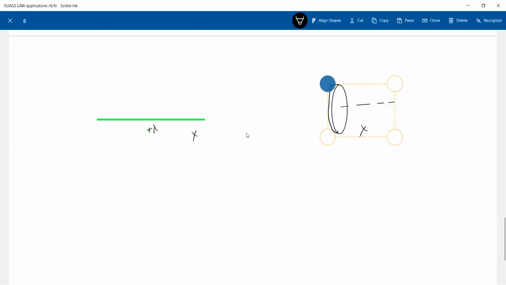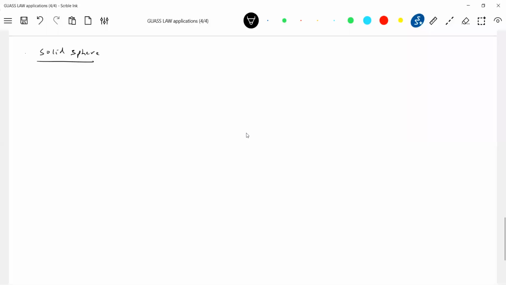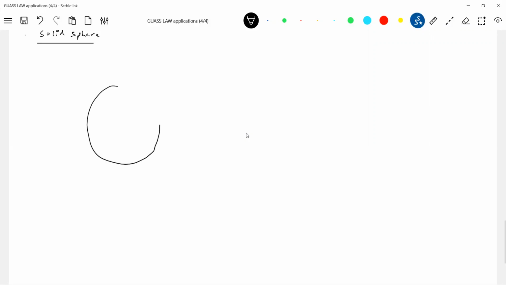Fine. Let's get into the more interesting part; first I wanted a solid sphere. This is the solid sphere, having a mass m and radius r.